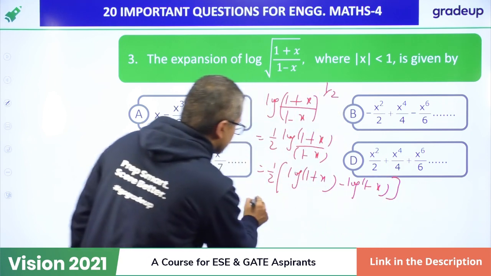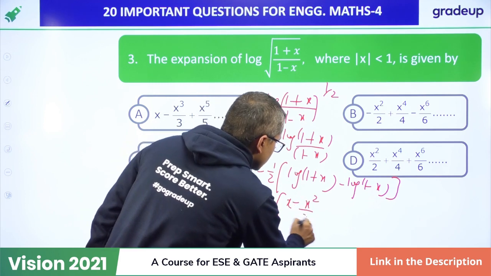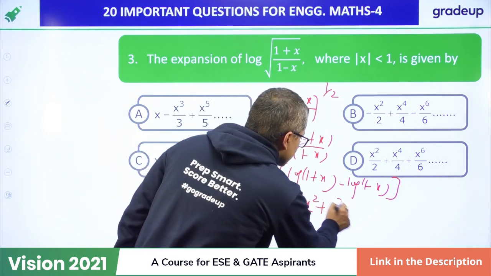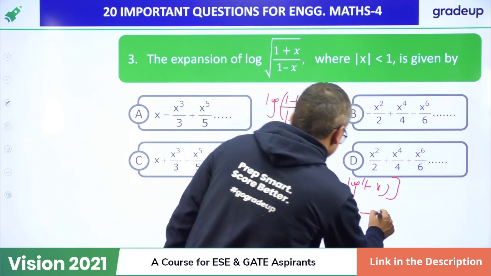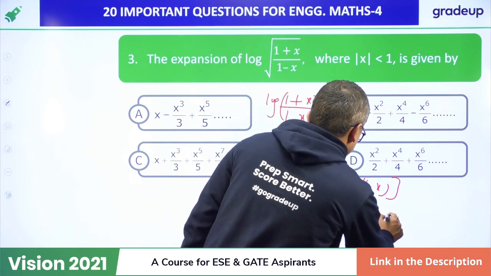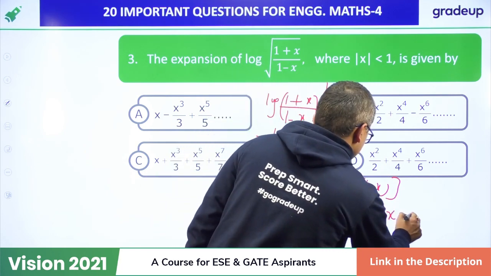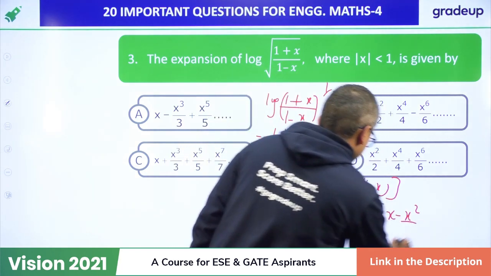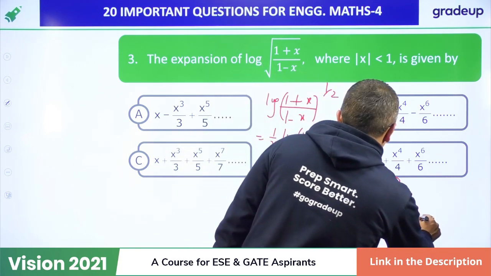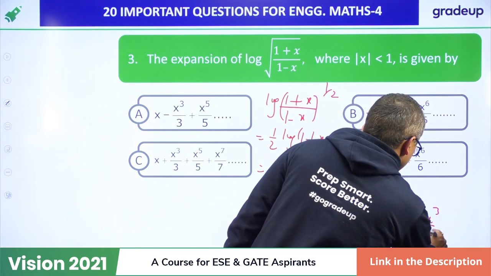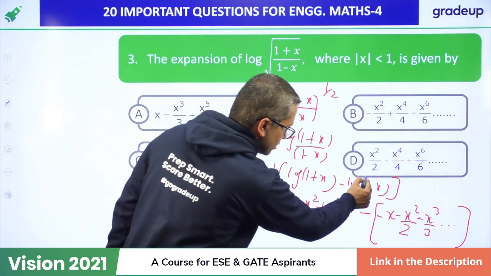So this is going to be x minus x square upon 2 plus x cube upon 3 and so on, minus, that is going to be minus x square upon 2 minus x cube upon 3 and so on. I just replace x by minus x here for log 1 minus x.